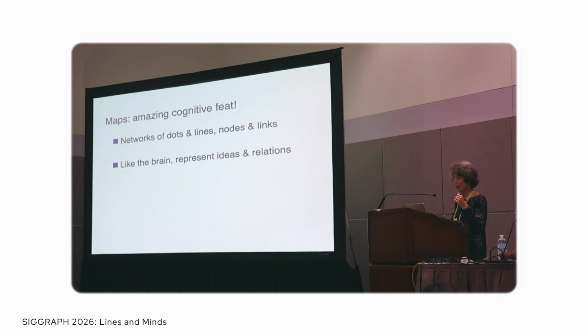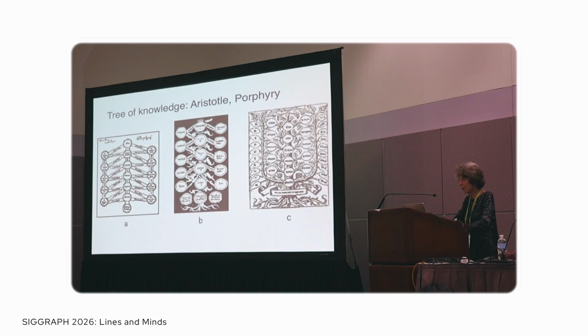Maps then become networks of dots and lines, nodes and links, places and paths, and like the brain, they represent not just real space, but ideas and relations. They go way back. This is Aristotle's tree of knowledge. Nobody has found a tree from him, but the classification, the hierarchy of concepts subdividing into other concepts, taxonomy goes way back.